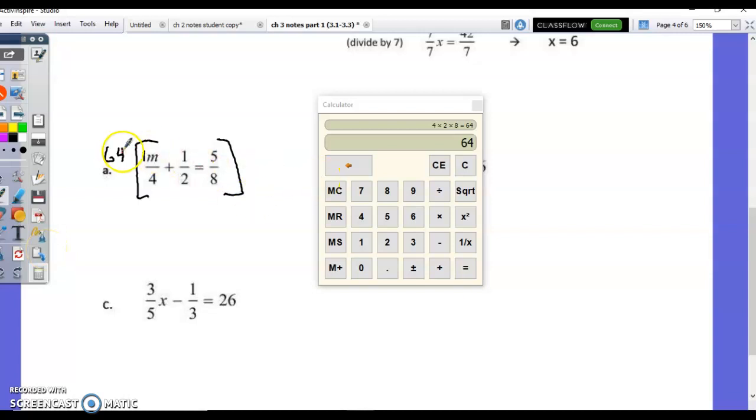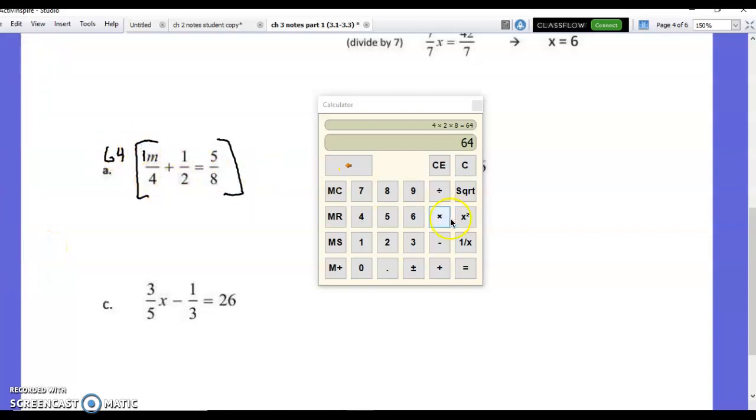I'm just showing you an easy way to make sure we are using a common denominator. All right, so now I'm going to go on my calculator. 64 times 1 divided by 4. 64 times 1 is just 64, and then divided by 4 gives me 16. So I'm going to change this right here to 16m. And I'm including that m because that's in the problem. Now over here, we're going to do 64 times 1 divided by 2, that gives me 32.